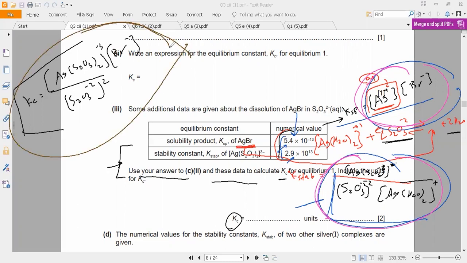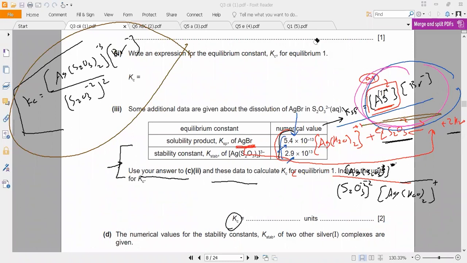So how am I supposed to get the original equation? Am I supposed to multiply these two things? Am I supposed to divide them by each other? So look, guys, I will start with multiplying them. I will multiply this by this. So let me just write these two things here. Ag+ and Br-.